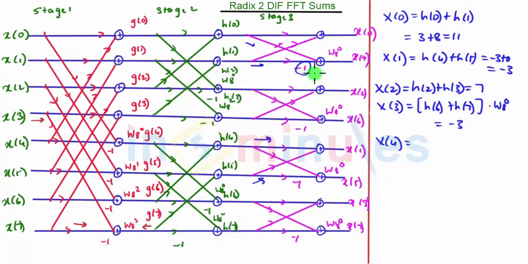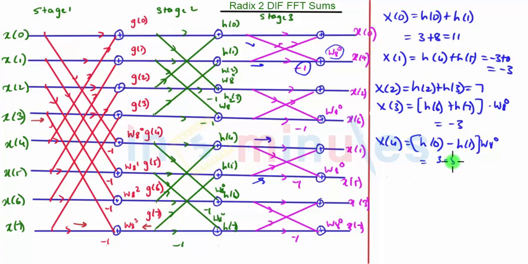X(4) is from h(0) and h(1). But here the multiplying factor -1 comes into play, and after the subtraction we have to multiply by W^0 again. So h(0) minus h(1) into W^0. W^0 is 1 and h(0) is 3, h(1) is 8.